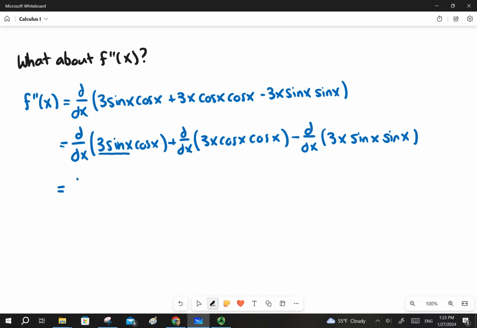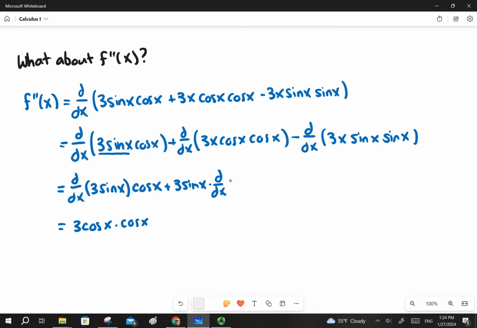So I'll take the derivative of 3 times sine of x, which is 3 times cosine of x, since the derivative of sine is cosine. Then leave the cosine alone for the second half of my product rule. Then I'll reverse it and leave the 3 times sine of x alone and multiply by the derivative of cosine of x. And the derivative of cosine of x with respect to x is negative sine of x.